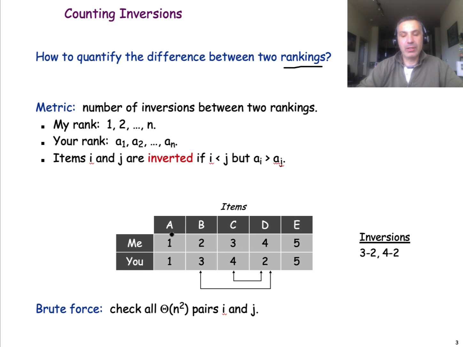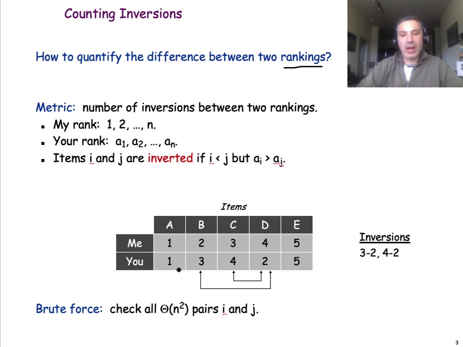So I have ordered A to have my first ranking, and then B, C, D, E has my last ranking, ranking 5. So I'm assuming here that the higher the number is, the lower that item is in terms of my rankings. Now, in your case, you may have a different priority, a different ranking for these 5 items.